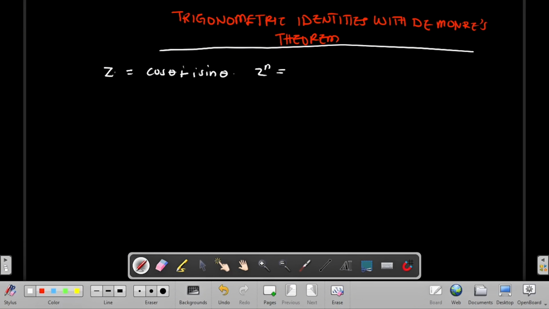Then the theorem is saying that you don't have to try to take the nth power of this directly, but rather the answer is simply equal to cosine n theta plus i sine n theta. If you have an r, which is a modulus, then z becomes r to the power n multiplying cosine n theta plus i sine n theta.